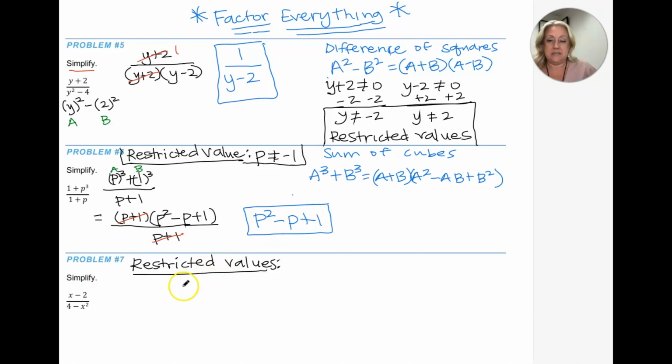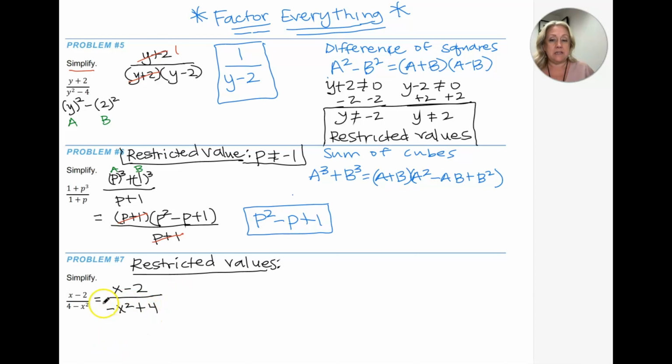Let's take a look at this last one, problem 7. Simplify x minus 2 over 4 minus x squared. Again, let's get these in descending order. It will make it easier for us. So let's rewrite this. The top one already is in descending order, but on the bottom we could write that as negative x squared plus 4.